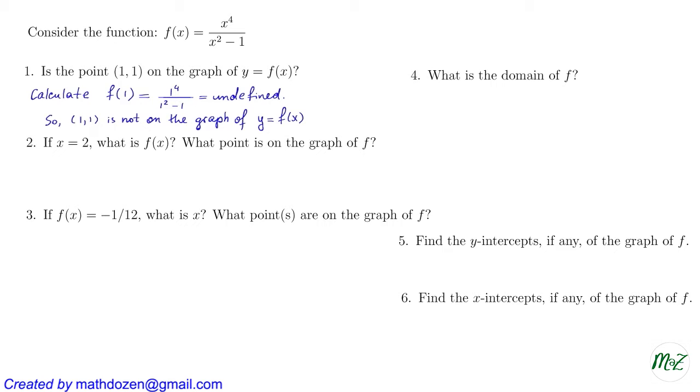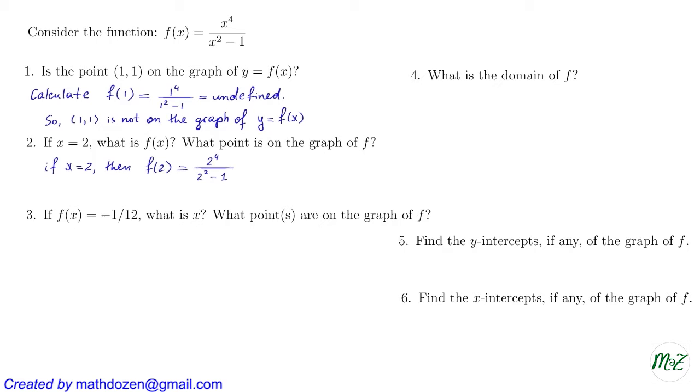Now for the second question: if x is equal to 2, what is f of x? This question is easier to answer. We just plug x equals 2 into the formula for f of x.